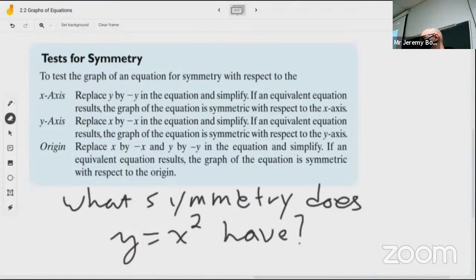And so the test for the x-axis, what we're going to do is replace y with negative y in our equation. And then we're going to simplify it. If an equivalent equation results, the graph of the equation is symmetric to the x-axis. So let's talk about what that means. We'll come back to this problem here.